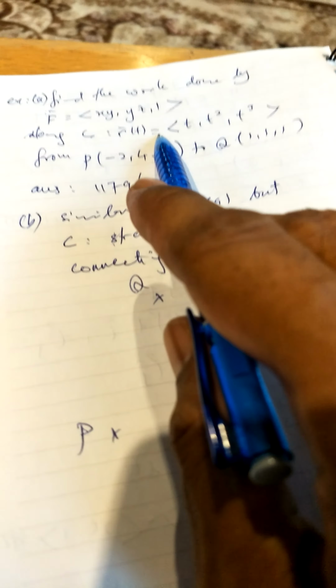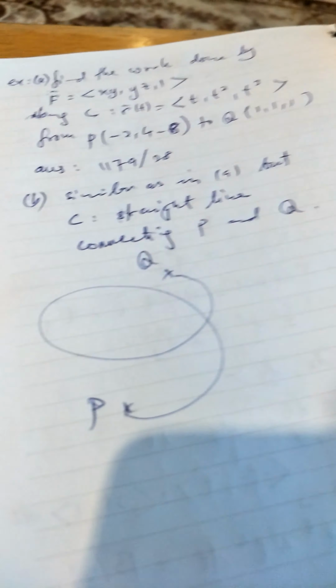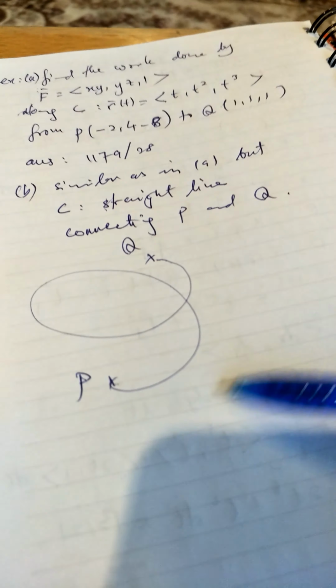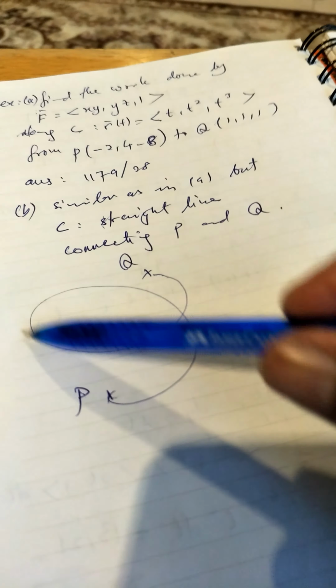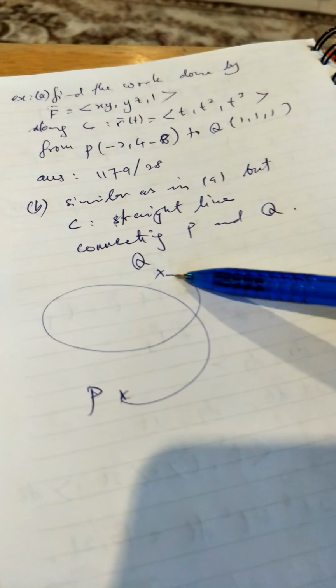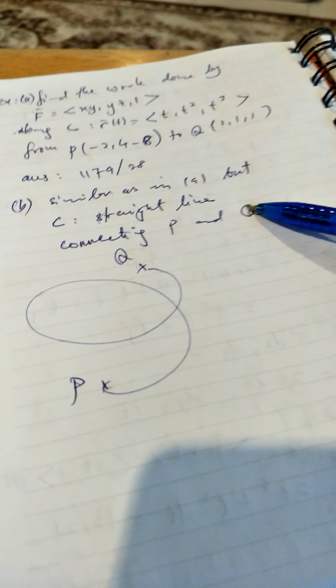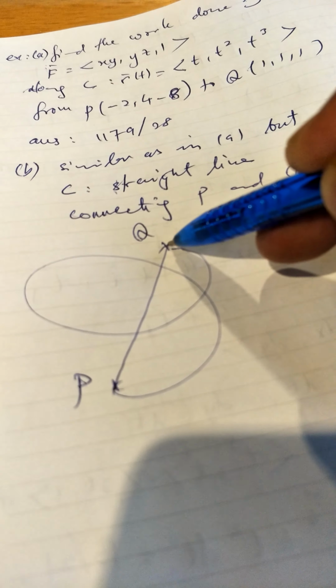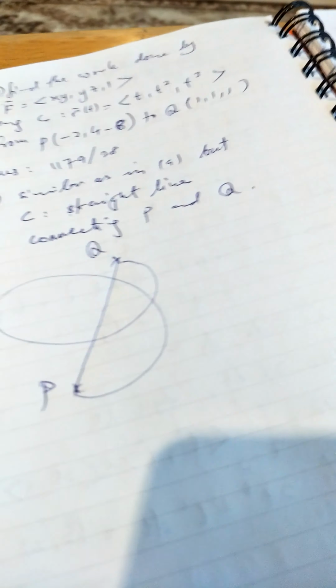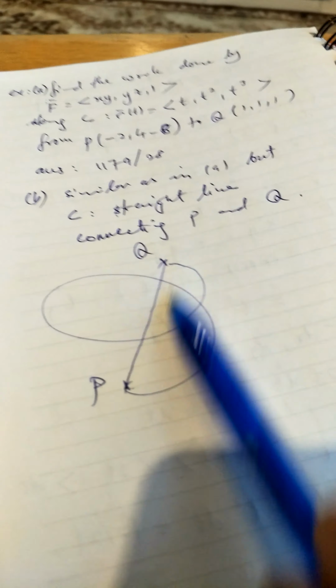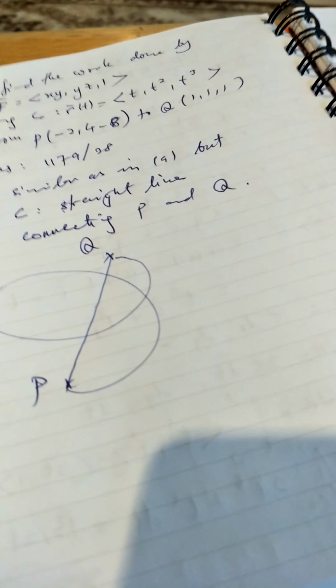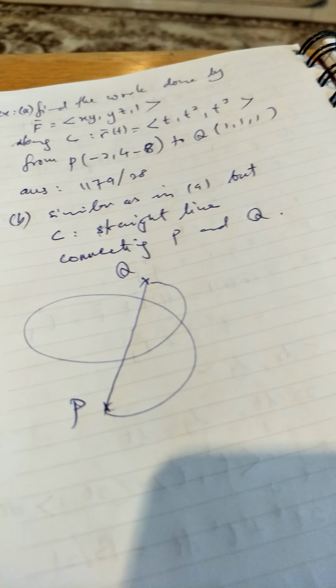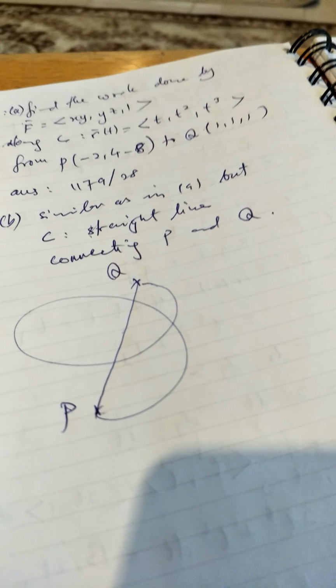So this is the first case, the path that we use. Whereas for the second case B here, we just connect a straight line. I think you can find the equation of those straight lines. It should be no problem for you. Okay, so you try that exercise.